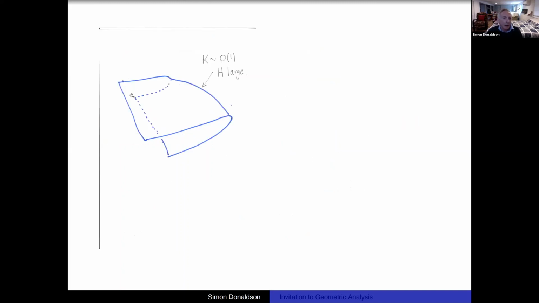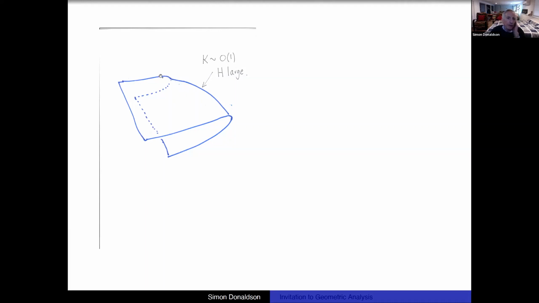We could take a piece of surface like this, where we could make the principal curvature in this direction very large. That would make H large. Provided we make the curvature in this direction correspondingly small, we can keep K bounded. So locally, we don't have any relation like this.